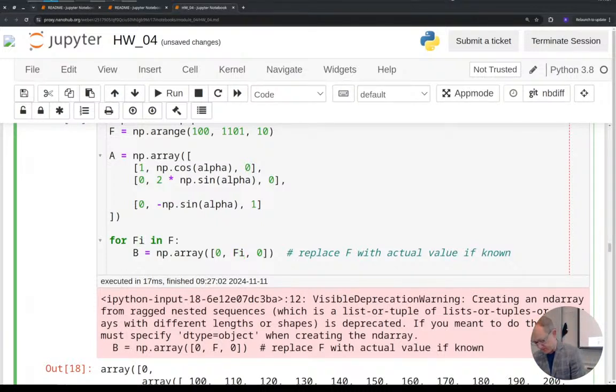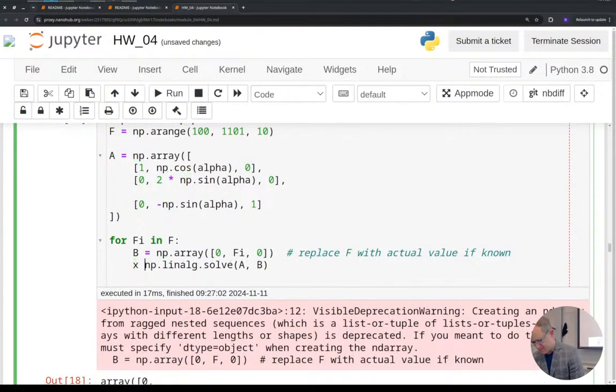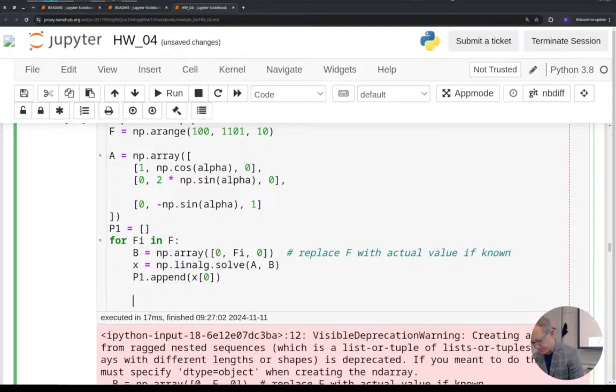Now I can say np.linalg.solve of A comma B, and we'll say p1 is an empty list to start.